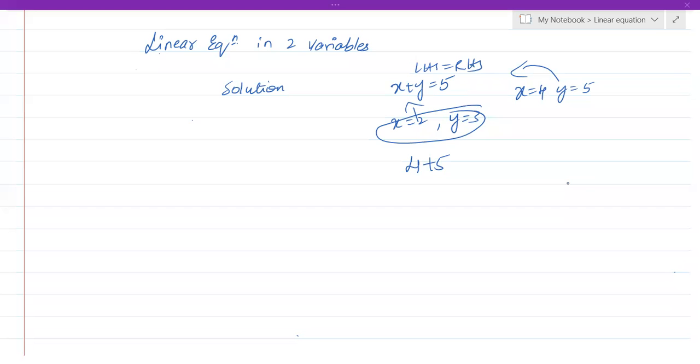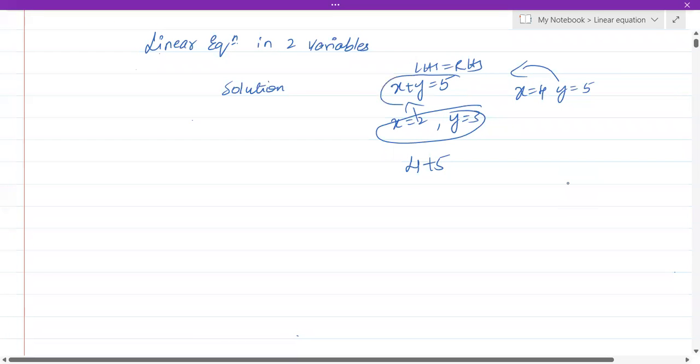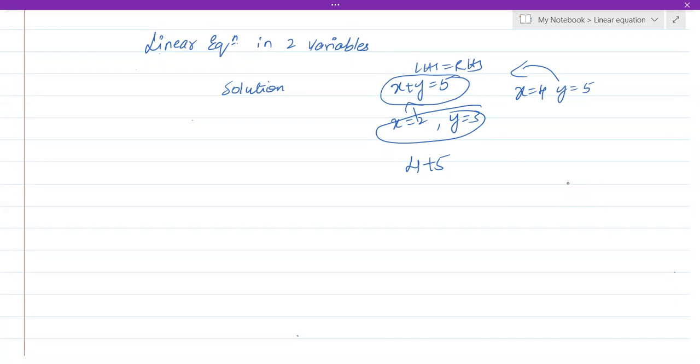If you take one linear equation in two variables, you can find infinite solutions. For example, x equal to 2, y equal to 3 is a solution. x equal to 4, y equal to 1 is a solution. x equal to 0, y equal to 5, or x equal to 5, y equal to 0 is a solution.